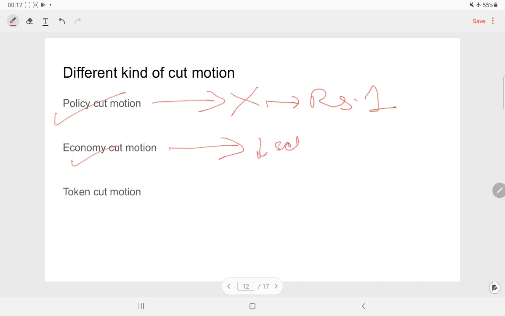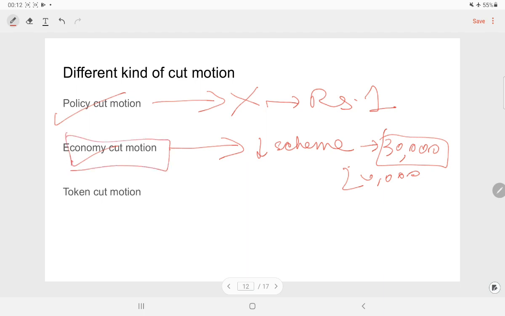It is concerned with a scheme or a project. Suppose the government says they will give 30,000 crore for building roads, but parliament decides no, 30,000 crore is too much, only 20,000 crore will do. So the economic cut motion is like that.